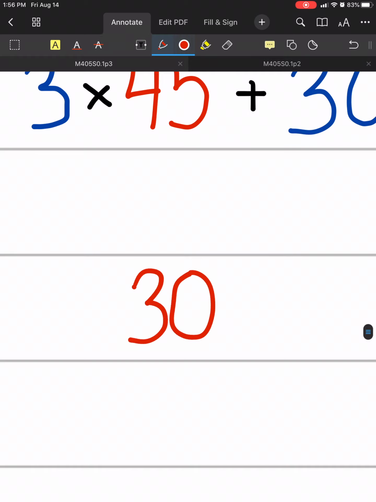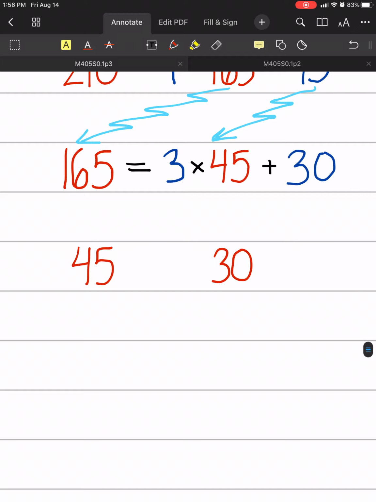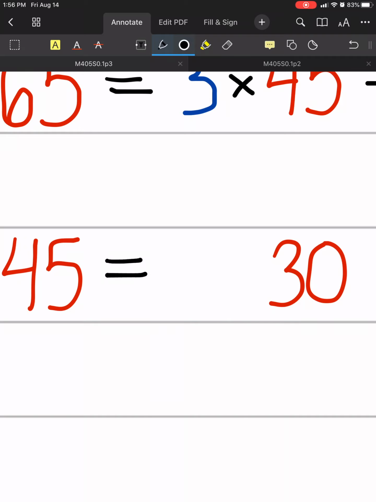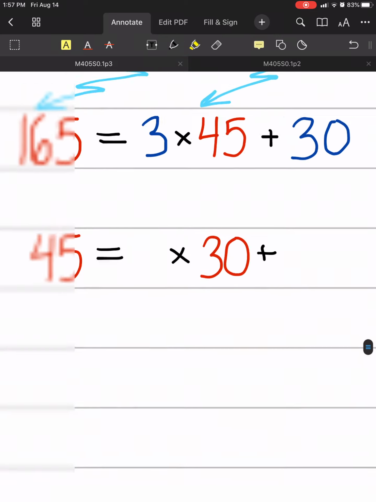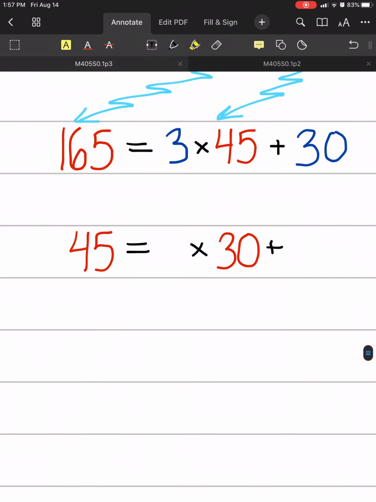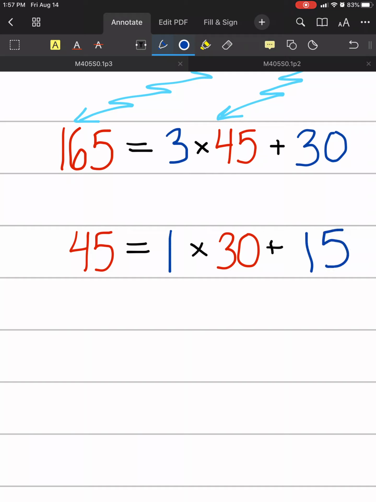So we got a 30 there. Okay. Now, let's put in the operation symbols real quick. We got an equal to, a times, and a plus. Okay. 30 only goes into 45 once, so that's easy enough. And then what's left over is 15. Okay. Hopefully everybody got that.